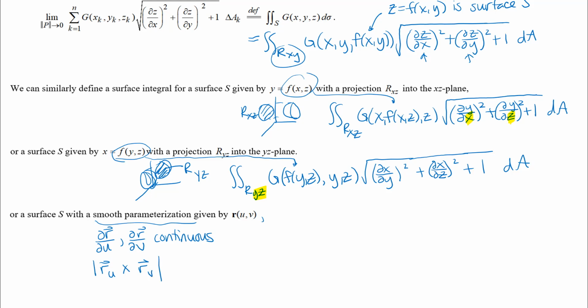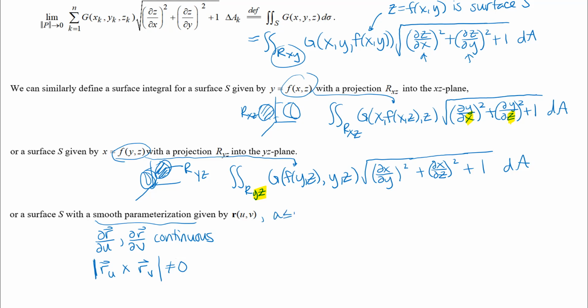So here I've just used the subscript notation for partial derivatives. So the partial derivative of r with respect to u cross the partial derivative of r with respect to v is not 0. That ensures that neither of those vectors is the 0 vector, and also that they are not parallel to each other. And then we also would want our parameterization of our surface to have some intervals for u and v.